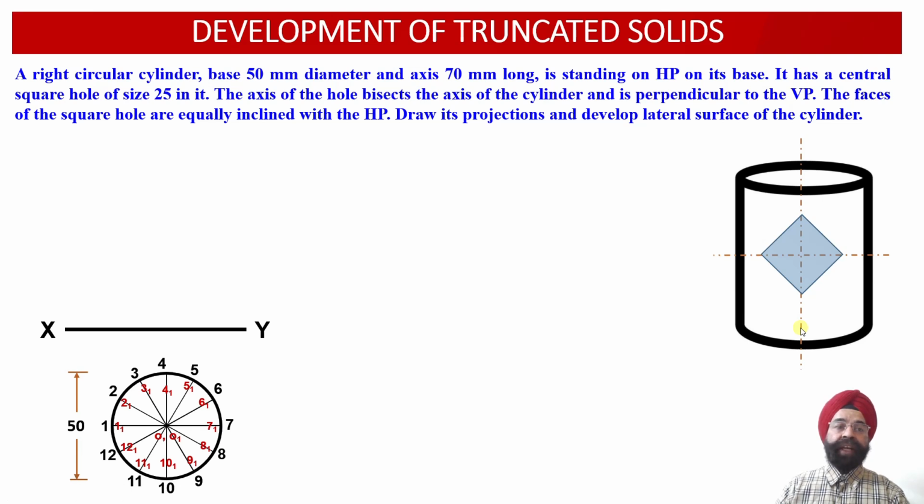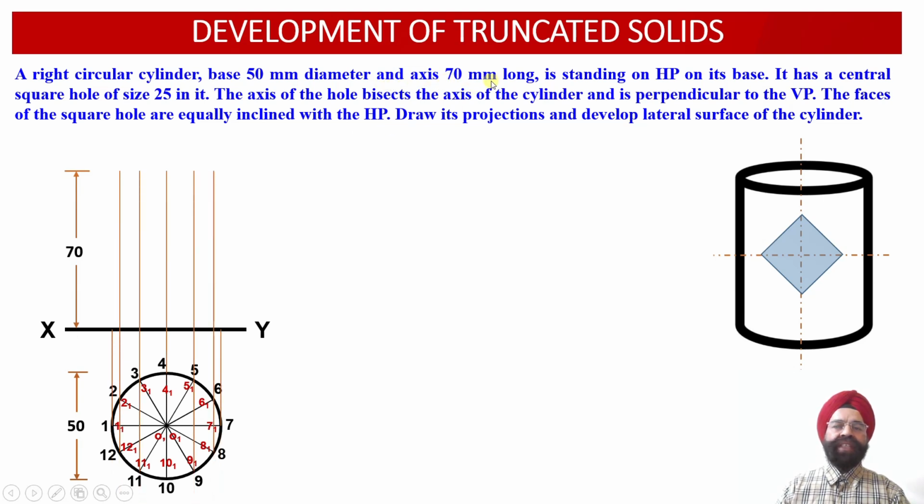Now, having obtained the top view projections of the cylinder, we are required to obtain the front view projections corresponding to this right circular cylinder. We know that the axis height of the cylinder happens to be 70 mm. So using the axis height of 70 mm, we have been able to obtain the projections of the cylinder into the front view elevation. We have also marked all the vertical generators of the cylinder originating from the 12 points of the base.